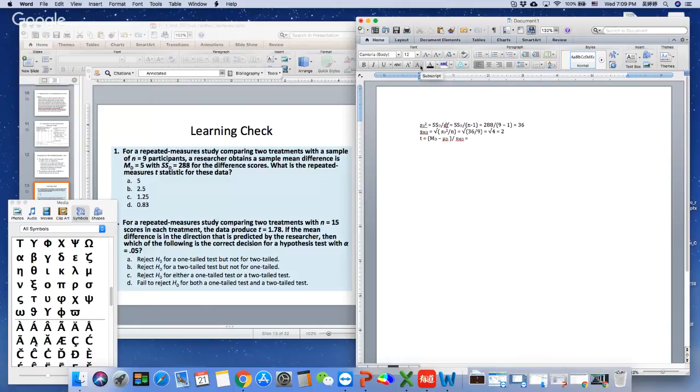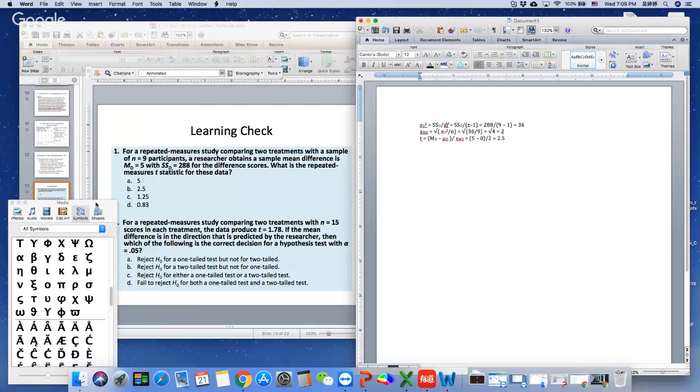MD we know is 5. 5 minus mu D, which is always 0, divided by 2, equals 2.5. So we have the answer 2.5, which is B. Right.